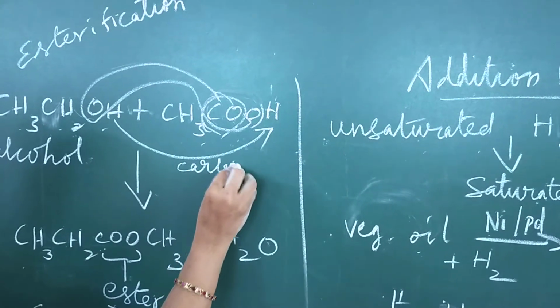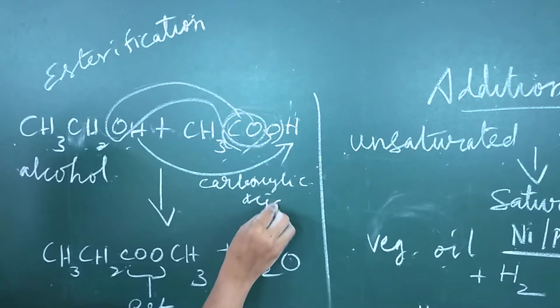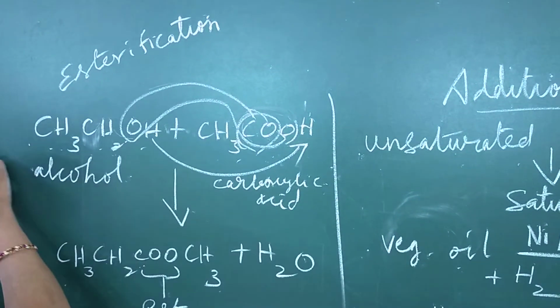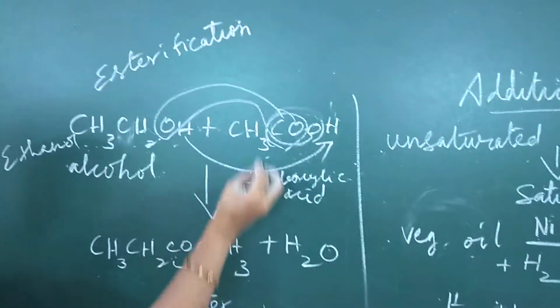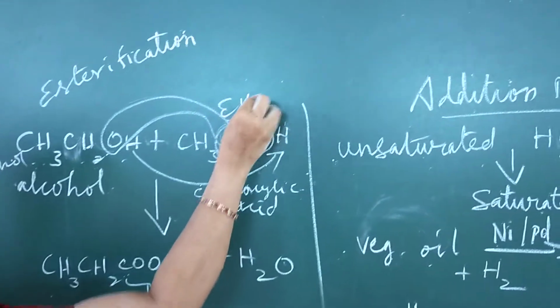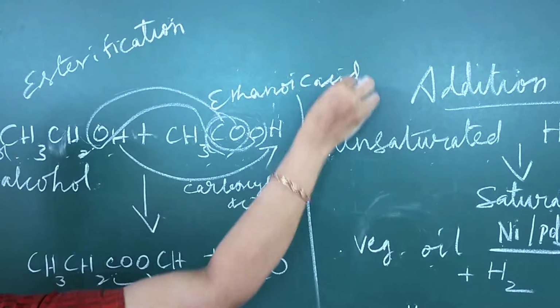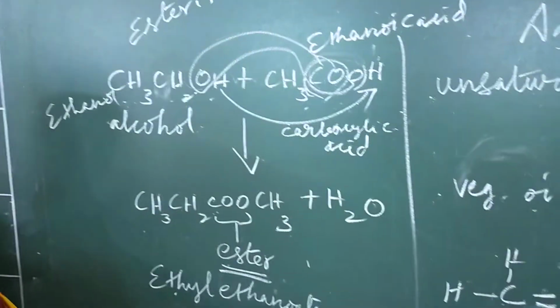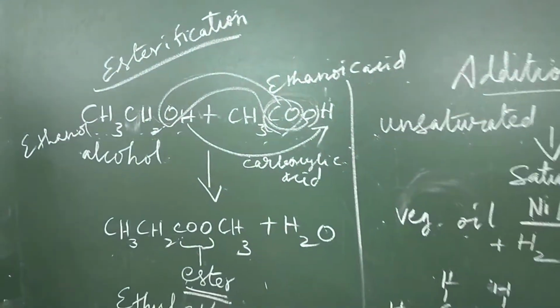This is what alcohol? Ethanol. Ethanol is reacting with what? Ethanoic acid. And it forms ethyl ethanoate ester. So this is known as esterification reaction.